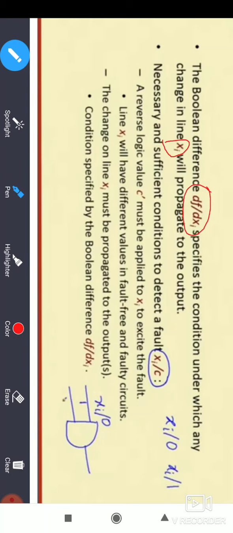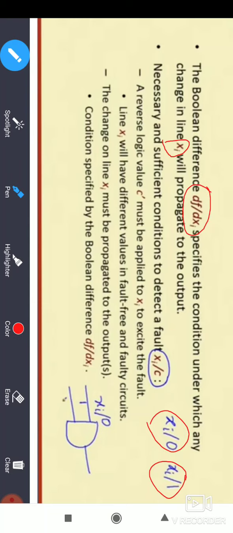These are the necessary and sufficient conditions to detect a fault xi at logic value C. Here xi may be stuck at 0 or stuck at 1 at line C. Like yesterday, first we excite the fault and then we propagate the fault.